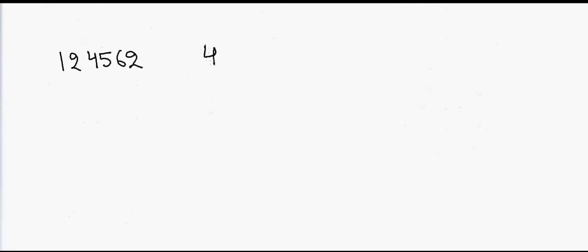So in that case what I have to do, I have to look at the last 2 digits, whether the last 2 digits are evenly divided by 4. So 62, if we try to divide 62 by 4, then I'll get 1, and then I have 22 left. So that is not evenly divided by 4. So this number cannot be evenly divided by 4.